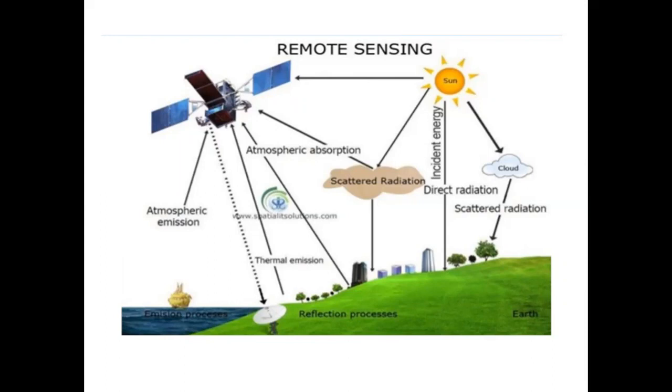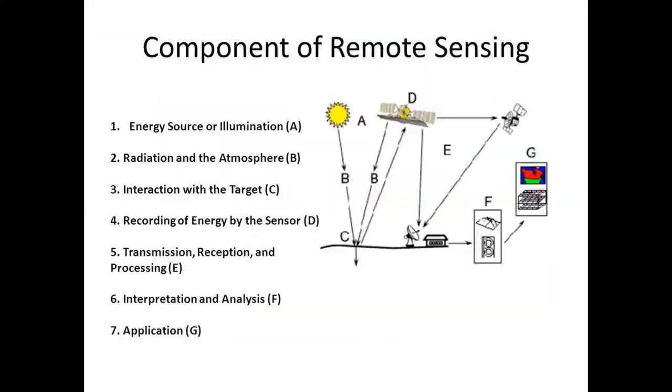In the next slide, the total seven elements of the remote sensing process are given. They are also called the components of remote sensing. First, as we already saw, is the energy source, which is shown here as a symbol.